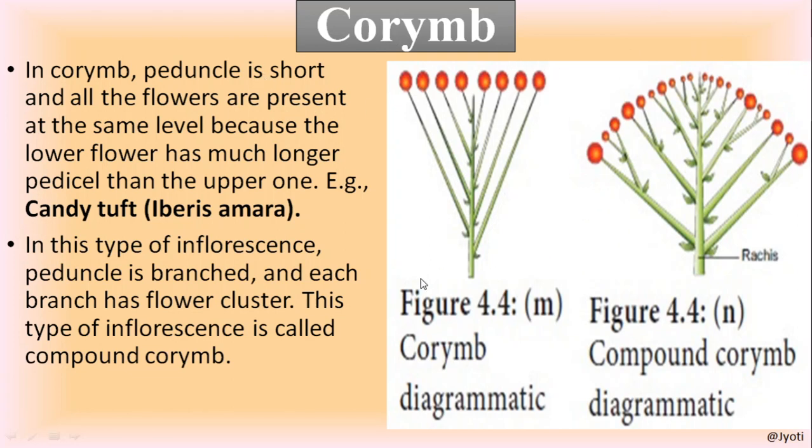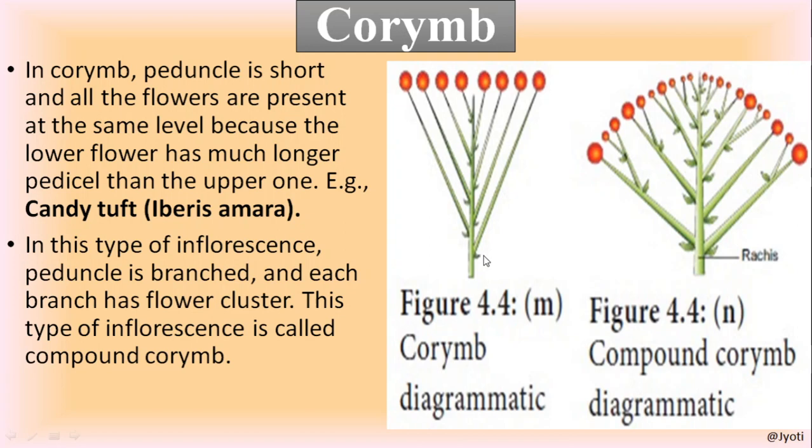In corymb, the peduncle is very short, and all the flowers are arranged in such a way that they seem to be present at the same level. So why? Here you can see this is the peduncle.